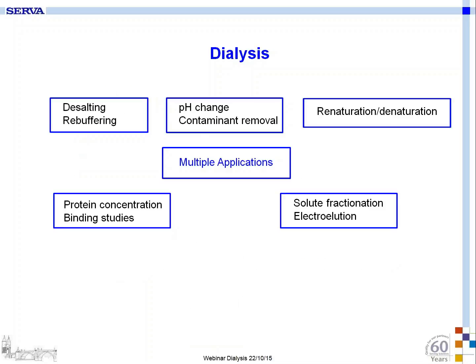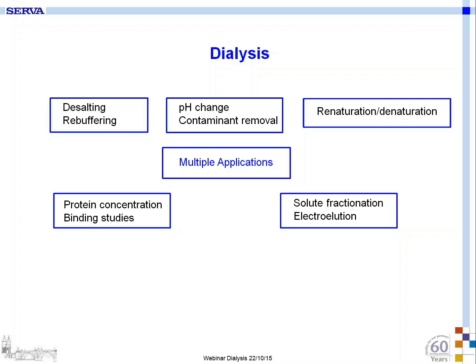The applications for dialysis are very great, because you can use it for desalting and rebuffering. You can use it for pH change, so that you can adjust your conditions for downstream applications.